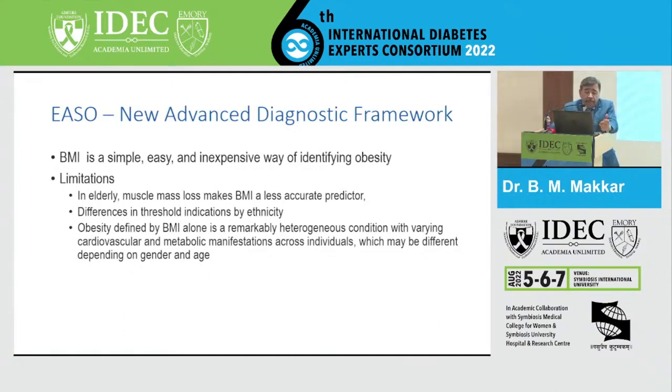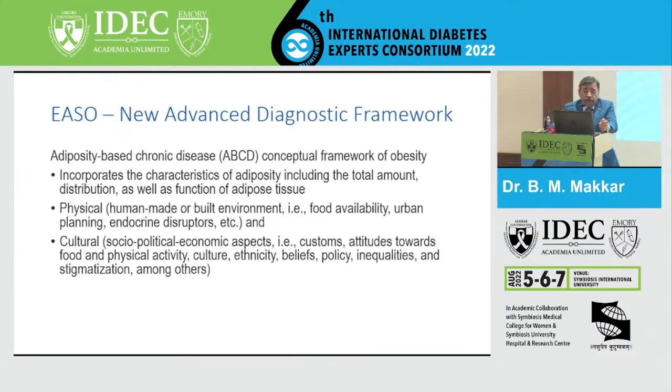The limitations I have already discussed about BMI. So the ABCD conceptual framework of obesity incorporates the characteristics of adiposity, including the total amount, distribution, as well as the dysfunction of adipose tissue. It also takes care of the physical, which is the man-made or human environment, which includes food availability, transportation, and so on.